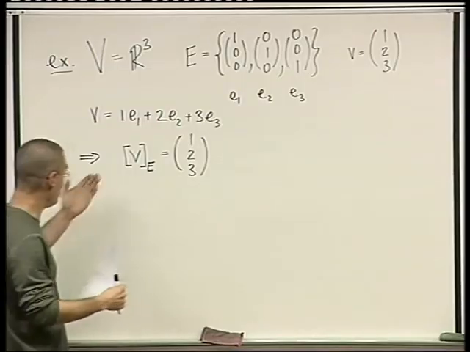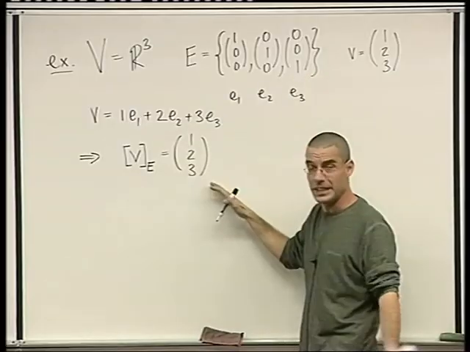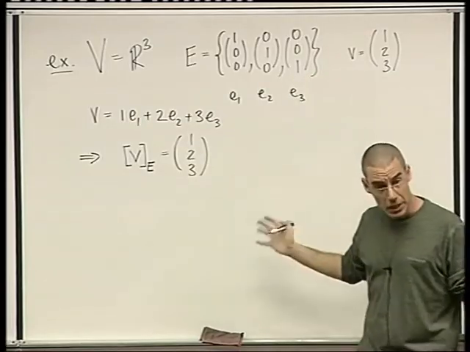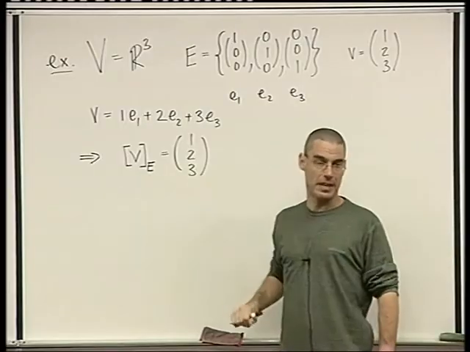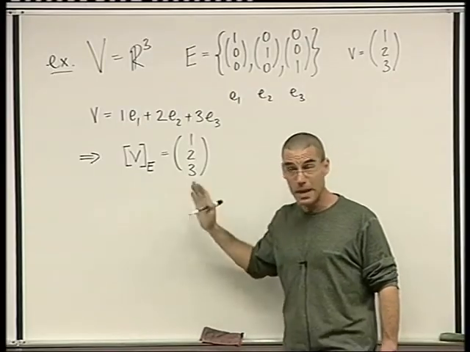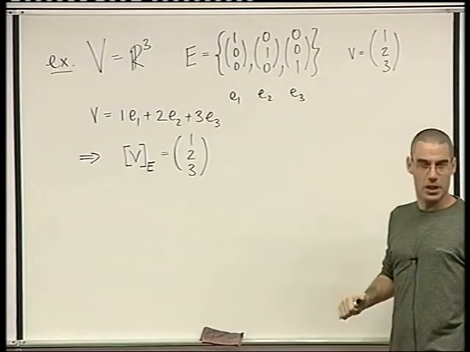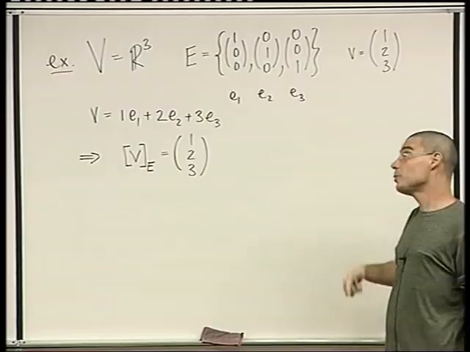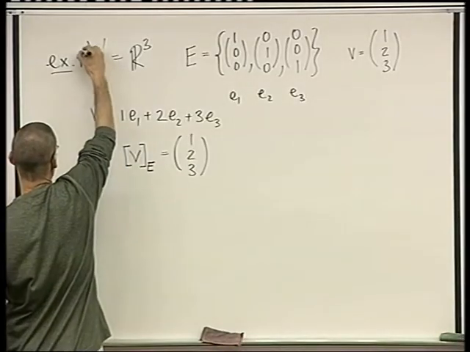What did we just do? v was (1, 2, 3) to start with, and now v is (1, 2, 3) again. It seems like we did nothing, and the reason is that this is the standard basis. If you're looking at the standard basis, really, you're almost doing nothing, okay? But if we take a different basis, so this will be example 1.